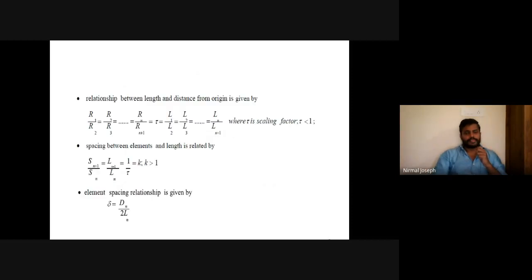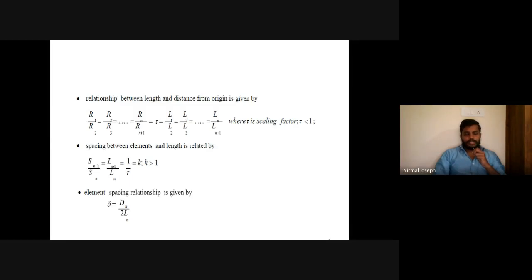We can see that Rn divided by Rn plus 1 is equal to tau, which is again equal to Ln divided by Ln plus 1. So Ln divided by Ln plus 1 means the ratio of length of nth element divided by n plus 1th element.